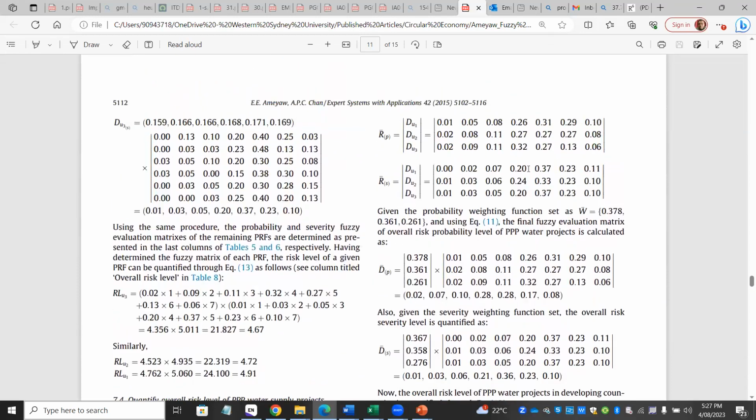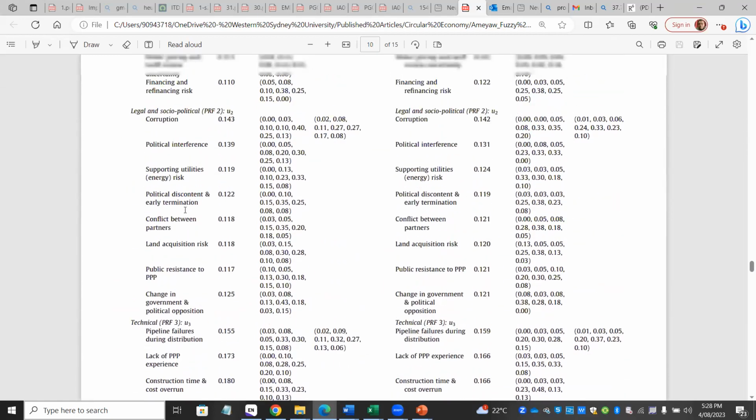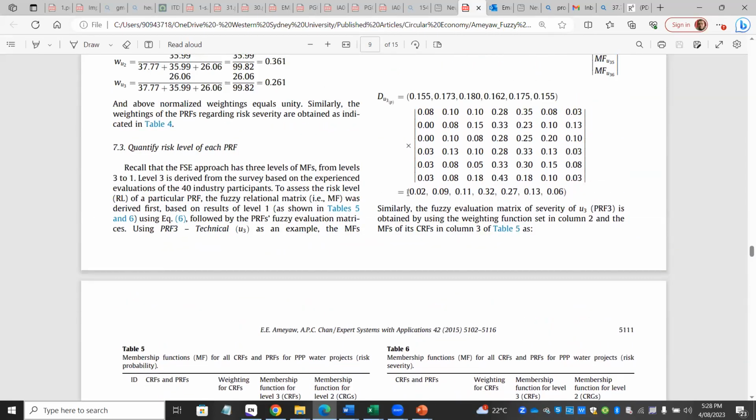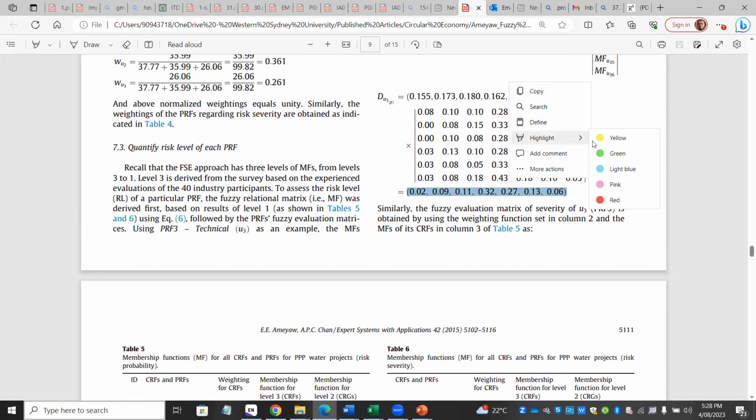Okay, so to determine this, once again, the third group is also being used, and it's being used as an example here. So remember the third group, the probability of occurrence. This is the fuzzy matrix result that we got. This one. This. Don't forget. This.